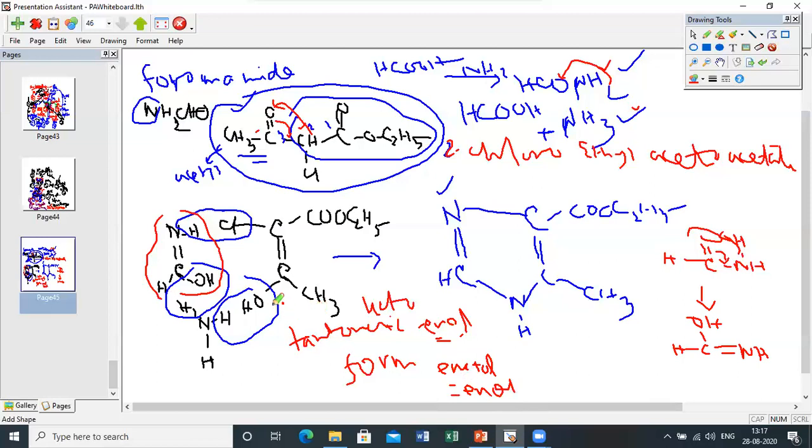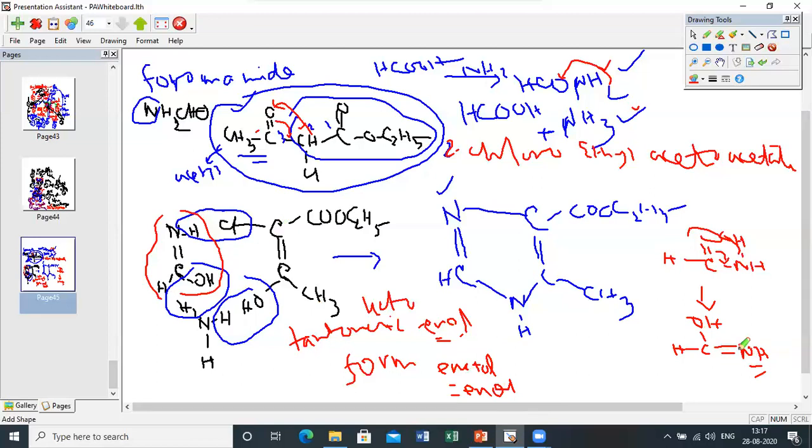Fine. So this is enolic form, but this is not enol because here one simple carbon is present, but here one nitrogen is present, right? There was only simple carbon and nitrogen, so there is some variation.